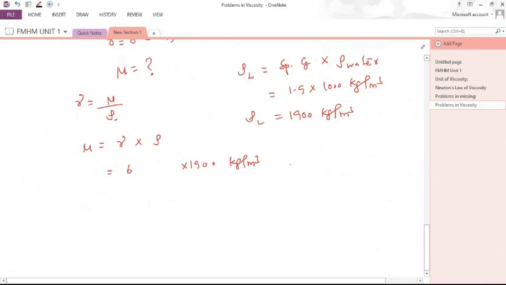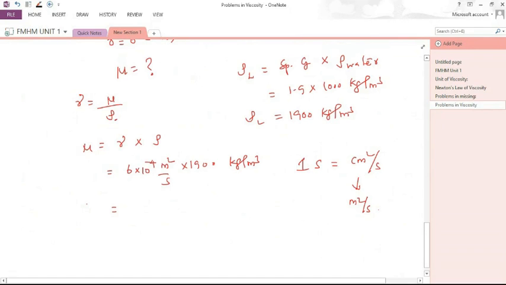We already know that 1 Stoke equals centimeter square per second, right? Here we use the MKS system, meter time, so you need to convert. So 6 into 10 power minus 4 meter square per second.